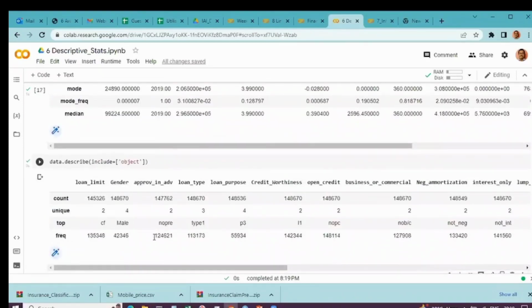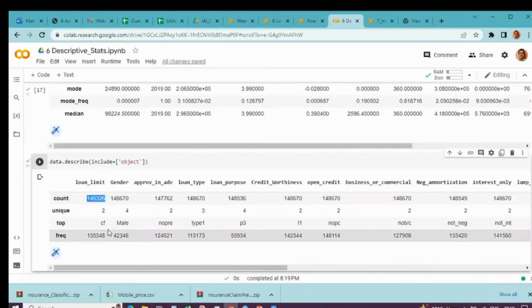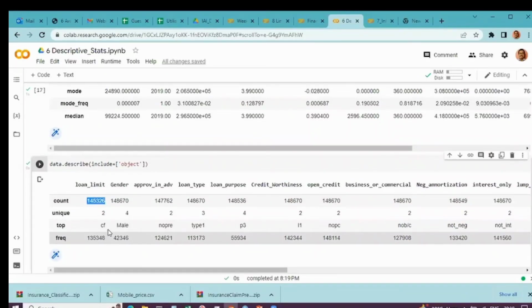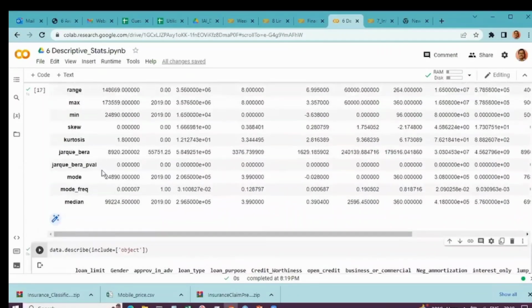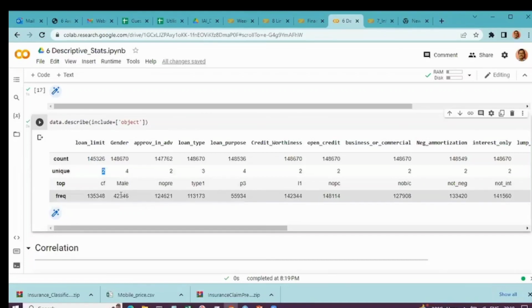Now you see loan limit. Totally there are 145,326, which means we have a reduced number, so some missing values for this column. And the other important thing that we will look at is how many unique values are there.